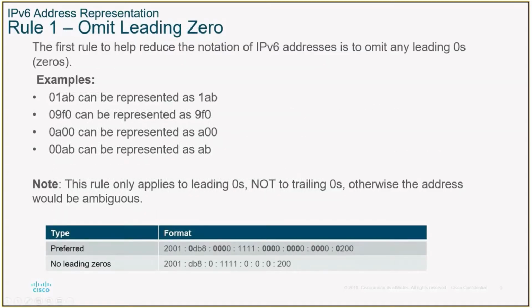Now, there's one way we can shorten things instantly: we can actually omit any leading zeros within a hextet. And so 01AB can be represented as 1AB. 09F0 can be 9F0. You can't do trailing zeros, but you can do leading zeros. So 0A00 still needs to be A00, but 00AB can just be AB.